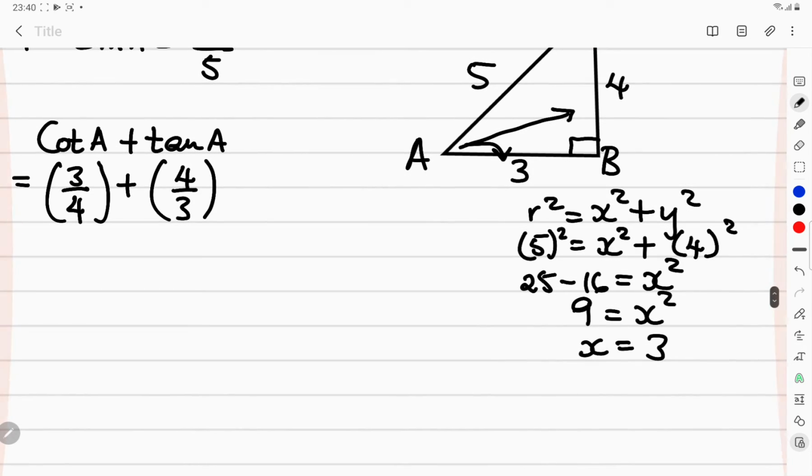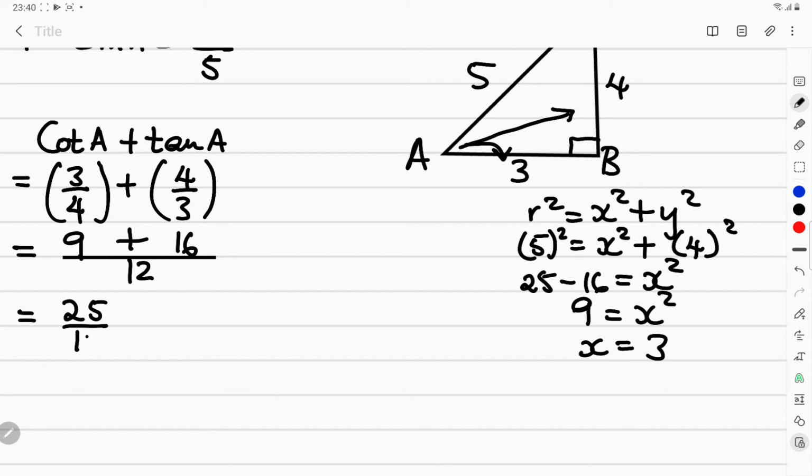So if you have this, we can tell that the LCM is 12. 12 divided by 4 is 3, times 3 is 9. 12 divided by 3 is 4, times 4 is 16. Then we have 9 plus 16 over 12, so the answer there will be 25 over 12.